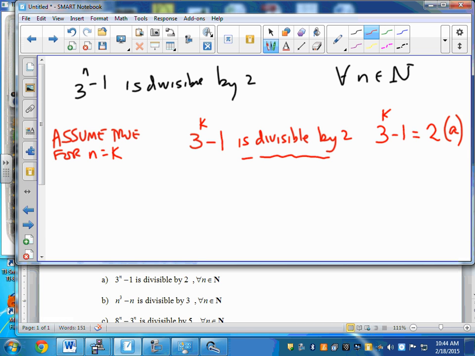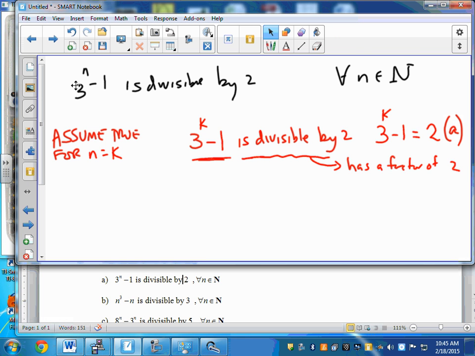Divisible by 2 means that this expression has a factor of 2. So 3 to the k minus 1 is equal to 2 times something.